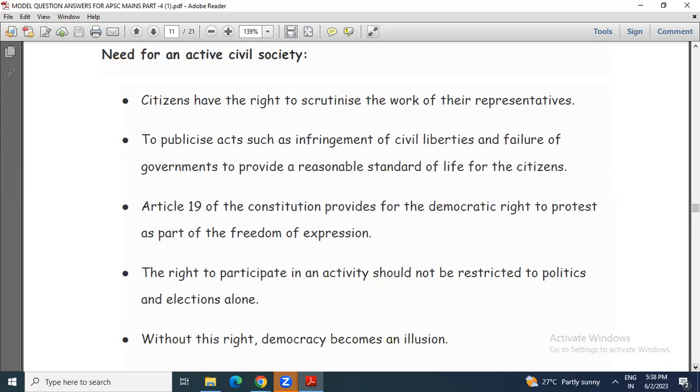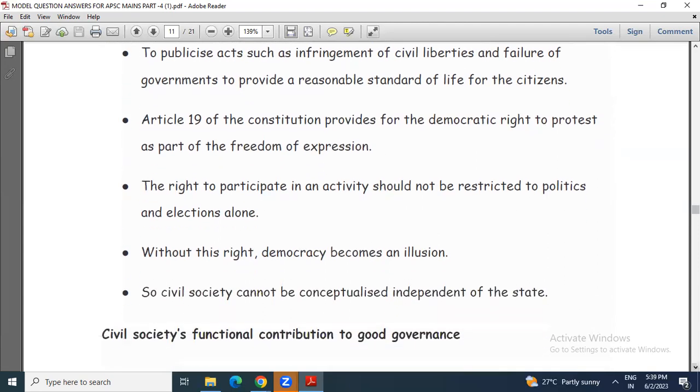So we scrutinize their work and show them where the gaps are, so that a reasonable standard of life will be available for citizens.